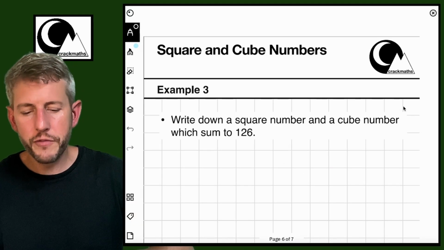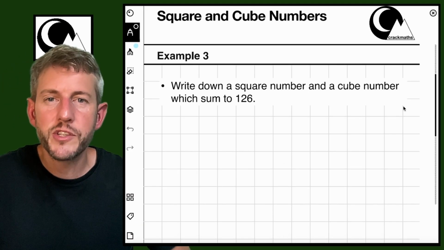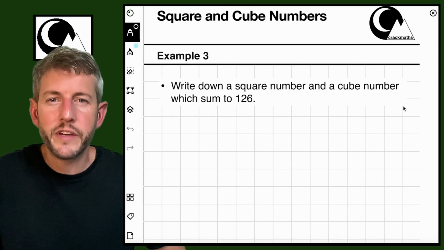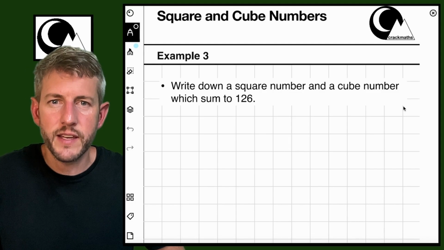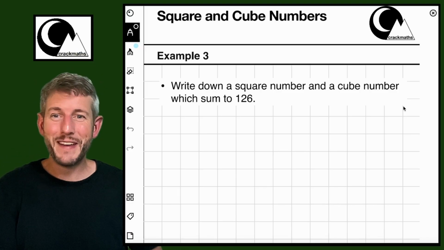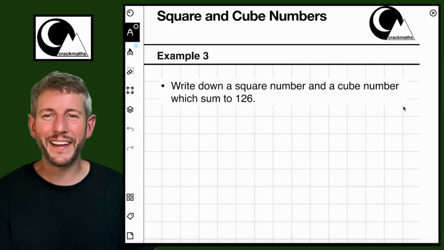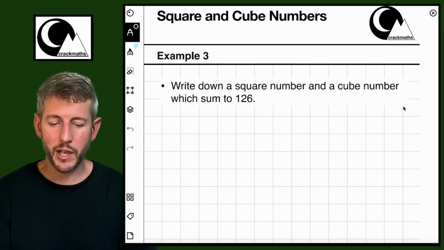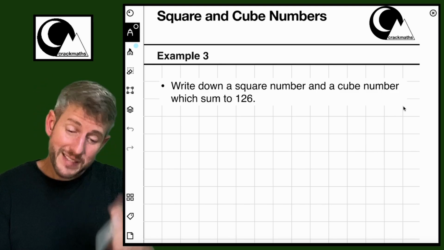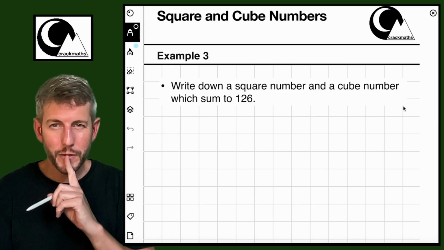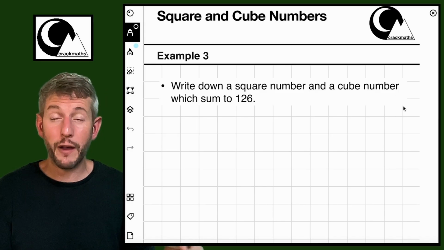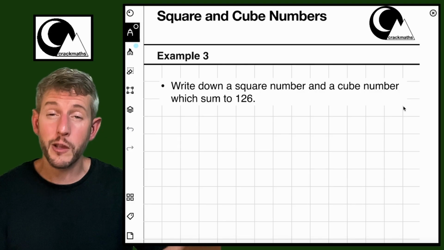Right, let's have a look at the next question. We've got this example here, which is write down a square number and a cube number which sum to 126. Oh, goodness me. So we're going to have to think about some square numbers and some cube numbers. Now, this is a high number. So I think we've got to think about the numbers that could take us close to that.